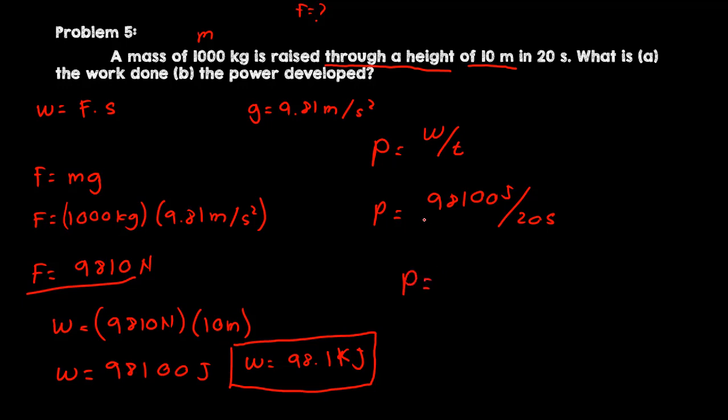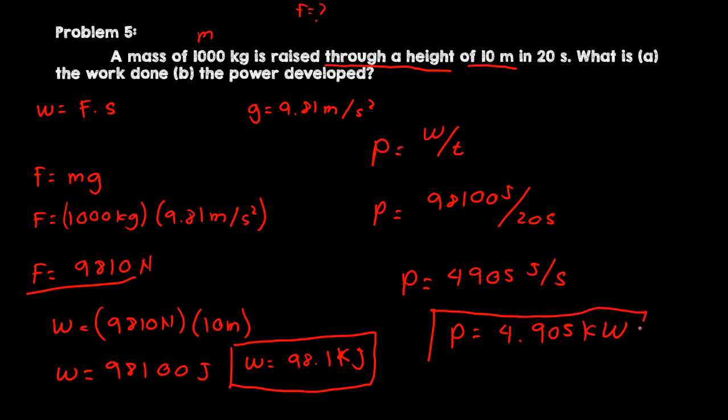So P is equal to 4,905 joules per second, or P is equal to 4.905 kilowatts. Okay, so that is our problem number 5.